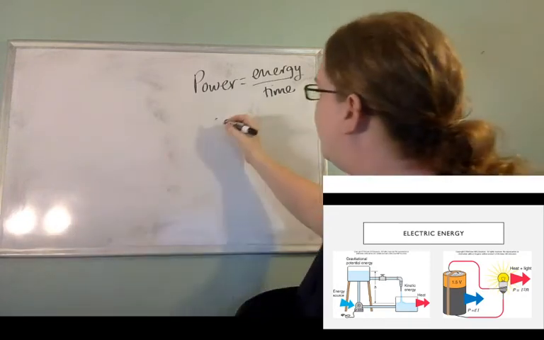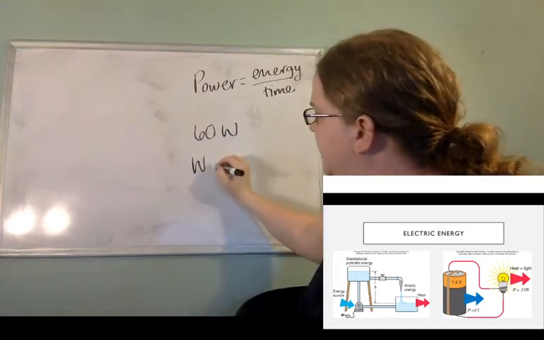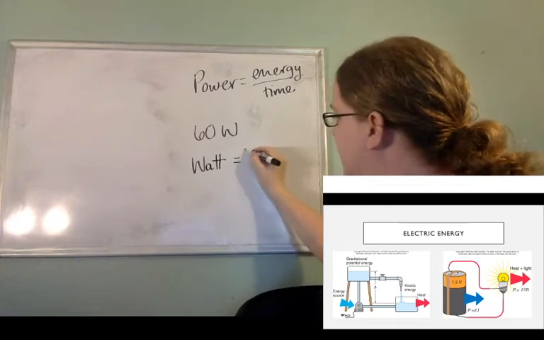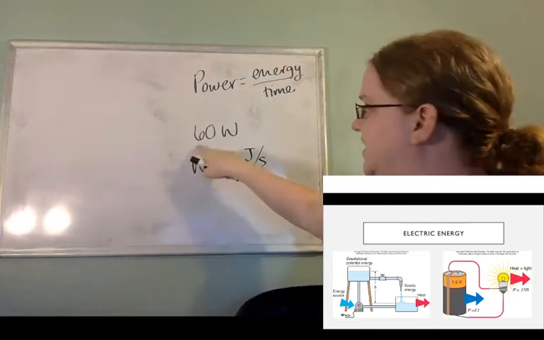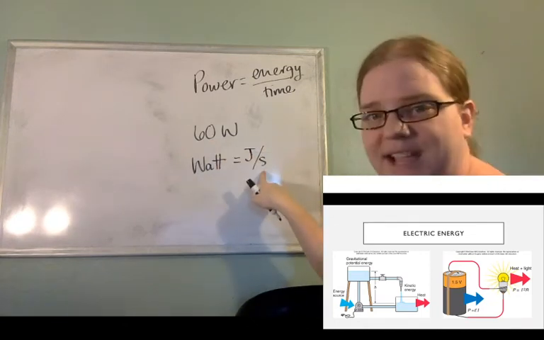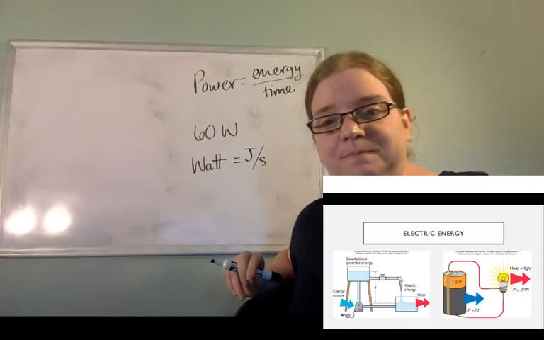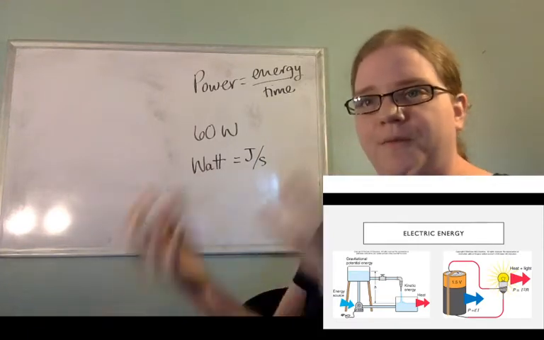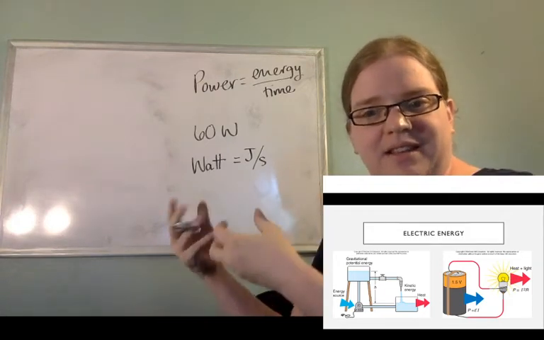A typical incandescent light bulb would be 60 watts. Capital W here is a watt. That is the unit of power. It's the same as a joule per second. So if you have a 60 watt light bulb, then every second you will get 60 joules of energy from that light bulb. How does it do that?